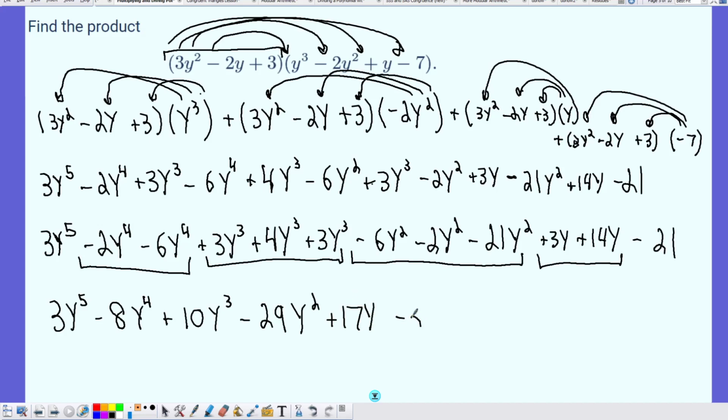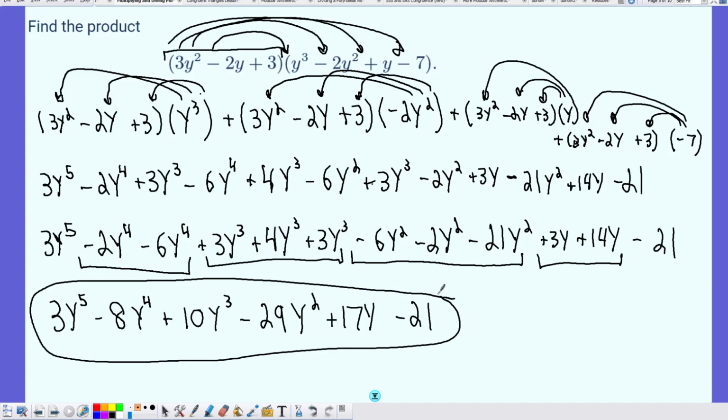And we have minus 21. And since there are no more like terms, this is my final answer. 3y to the fifth power minus 8y to the fourth power plus 10y to the third power minus 29y to the second plus 17y minus 21.